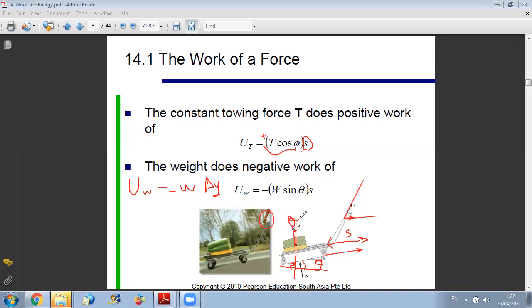If I put it on a larger figure, this is the weight, this is the inclined line, and the angle between the weight and the perpendicular to the line of motion is theta.